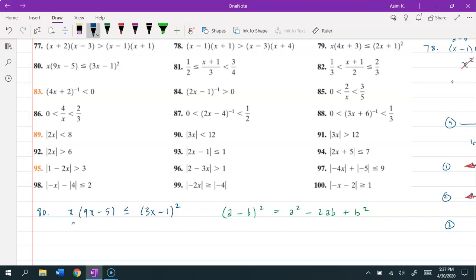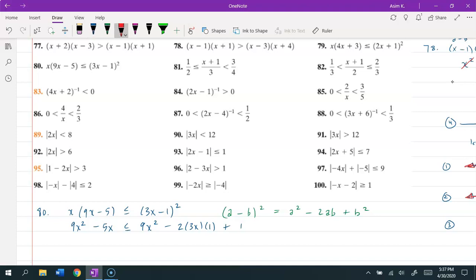X times 9x is 9x squared. X times negative 5 is negative 5x. On the right side, you'll have a squared, so that's 9x squared, minus 2ab, so 2a and then b, plus b squared, so that's 1 squared, which is still 1.